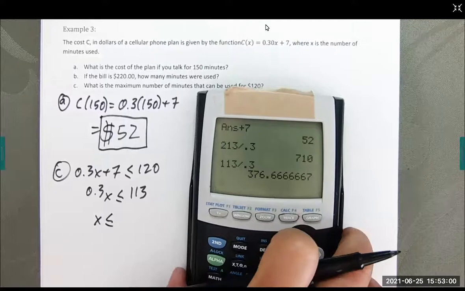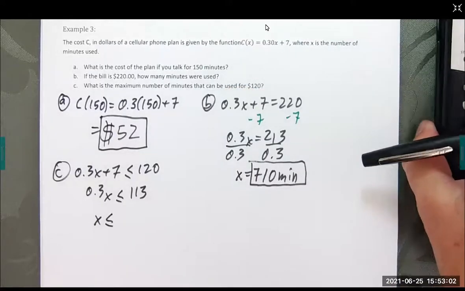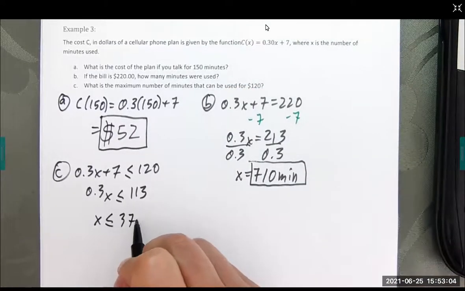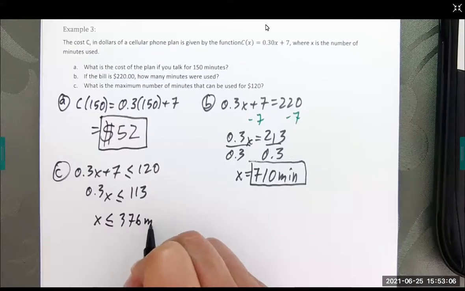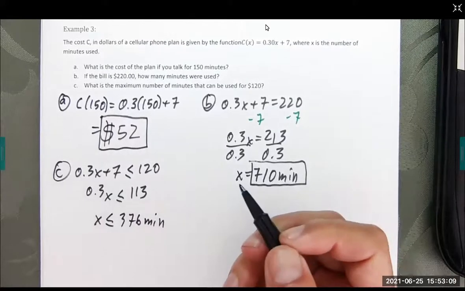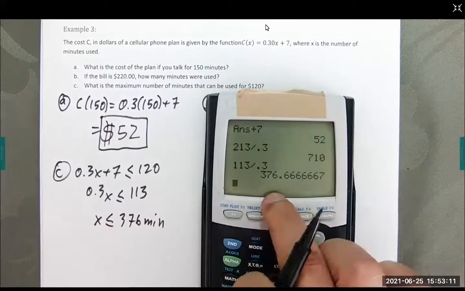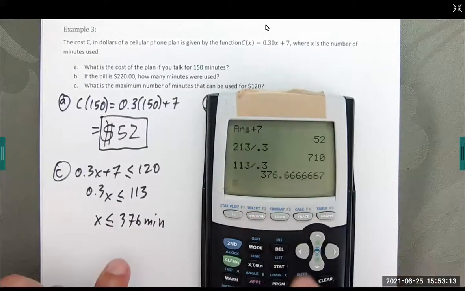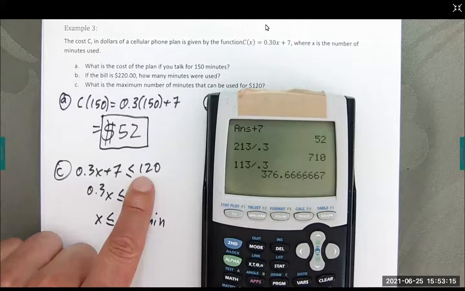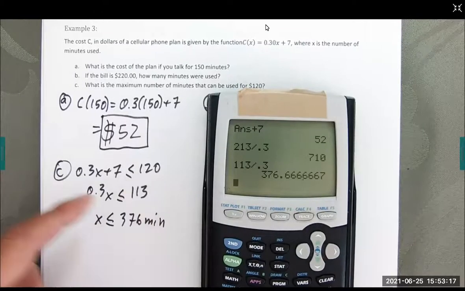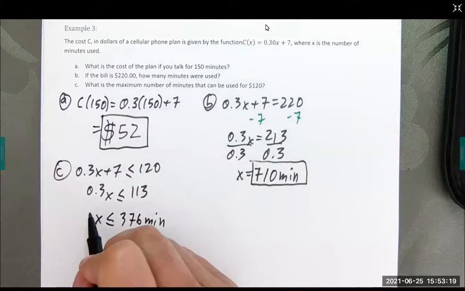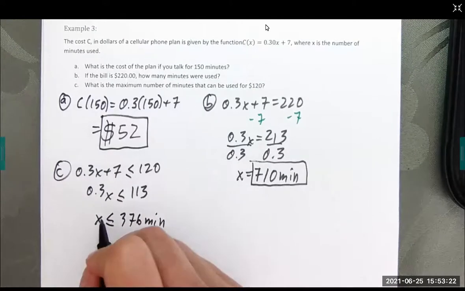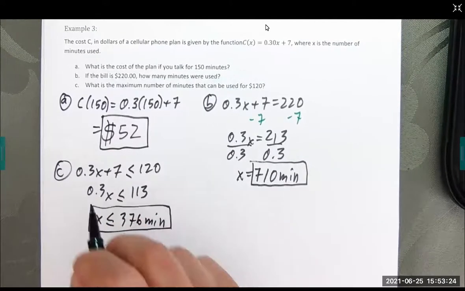So if we go to the nearest minute, that's 376 minutes. And I know it wasn't exact, but we can't round it up because 377 would exceed $120, and we can't exceed it, so we have to go down to the nearest minute. And like I said, not too bad.